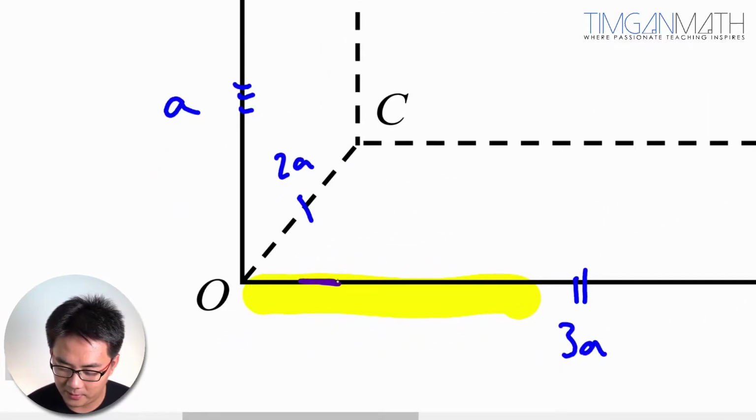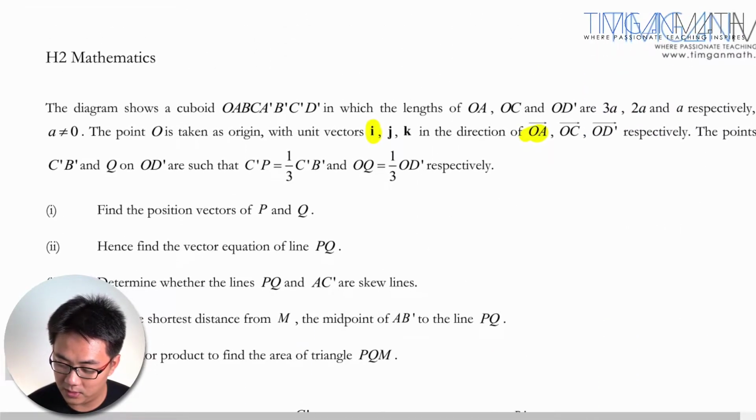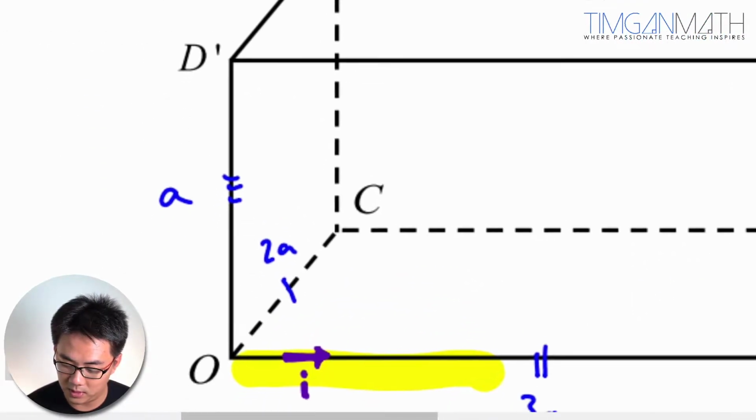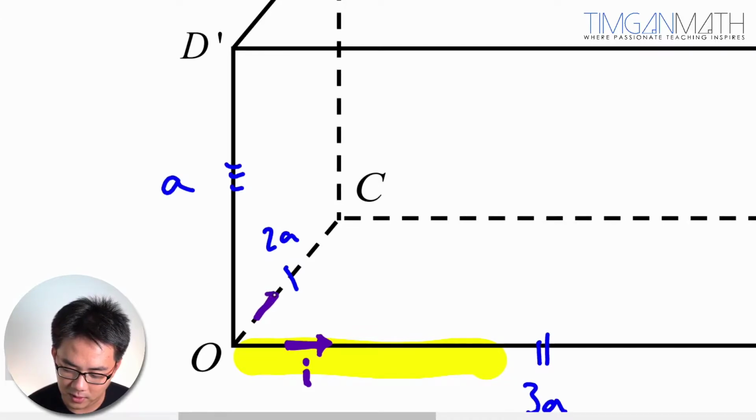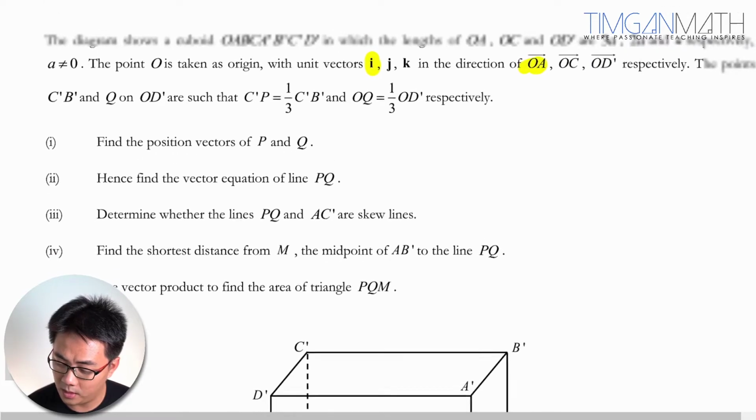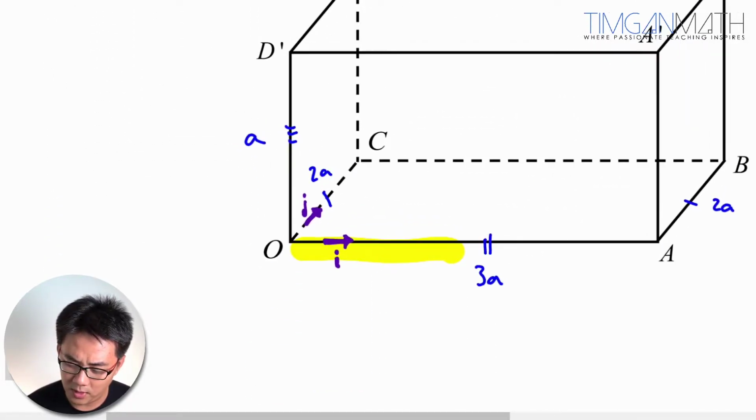So this is i. You don't have your own naming. Basically, if the question gives you the coordinates, just use them. So j is OC, so this is OC over here. And then you have k as OD prime. So this is OD prime. K, yeah.